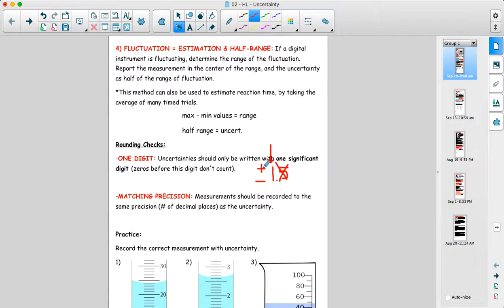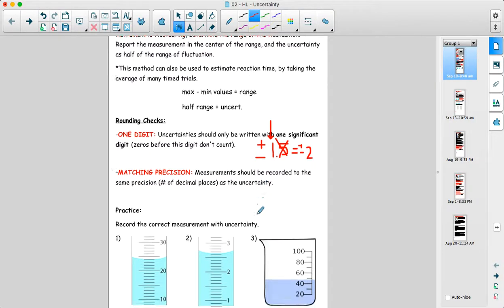So if we cut an increment in half and we get more than one decimal, like 1.5, then you would round. You would probably round this to plus or minus 2, the closest increment. Now we're just showing that we're uncertain in the ones place instead of the 10th place. So as a general rule, round off your uncertainties so that you're uncertain in just one spot.